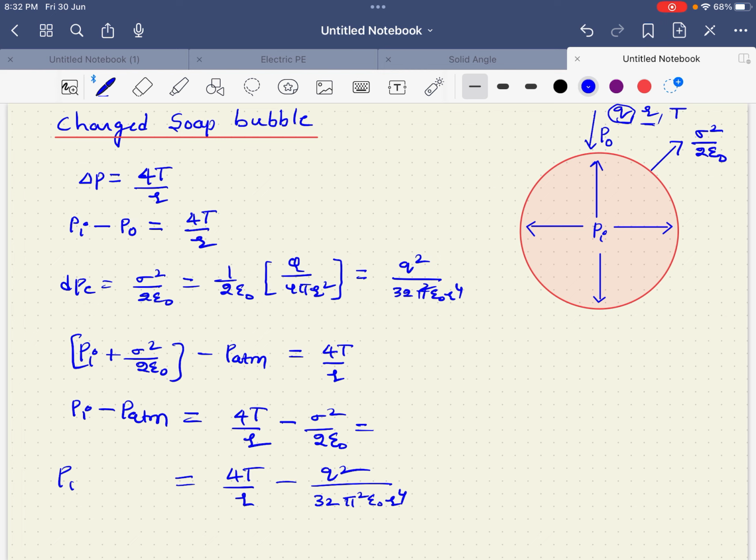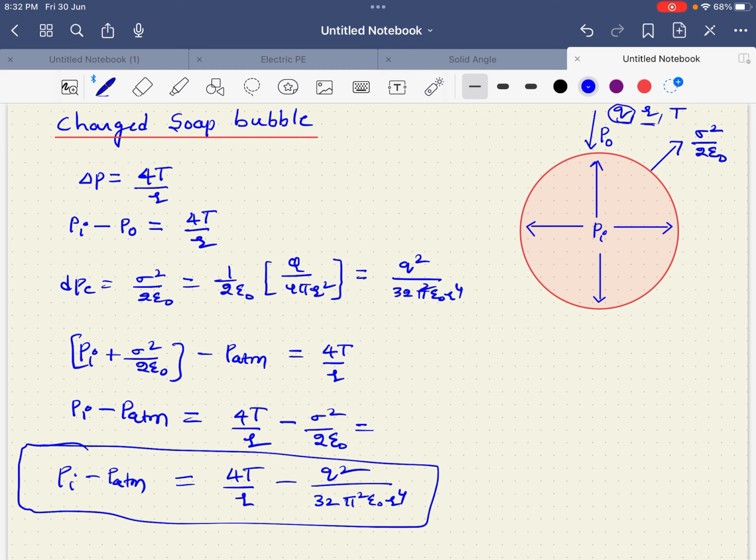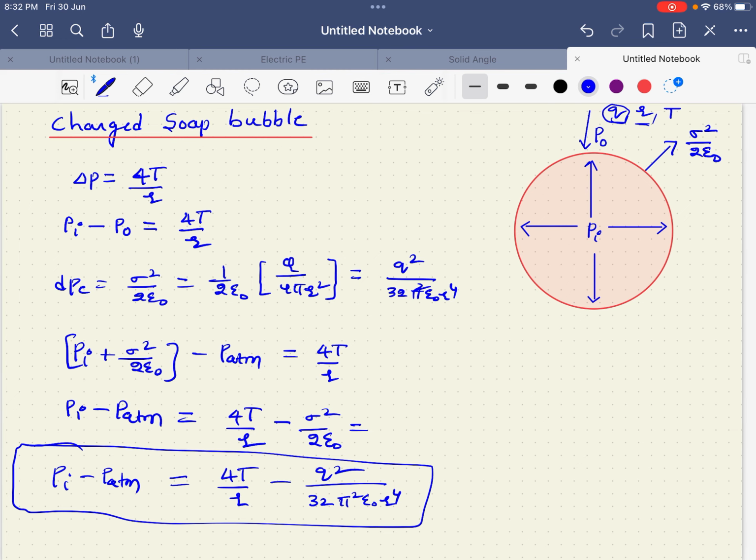This is the inside pressure minus atmospheric pressure. This is what we got: the excess pressure inside the soap bubble due to the electric pressure, that is, due to the charge. Now the next thing.